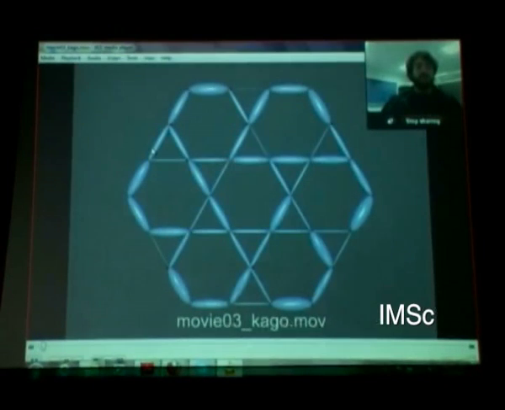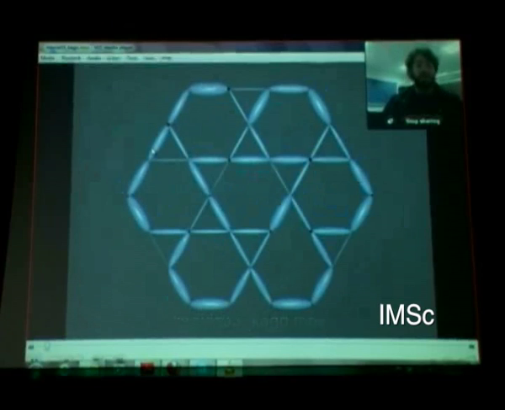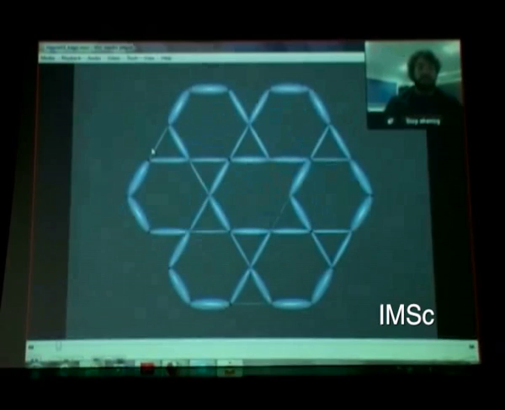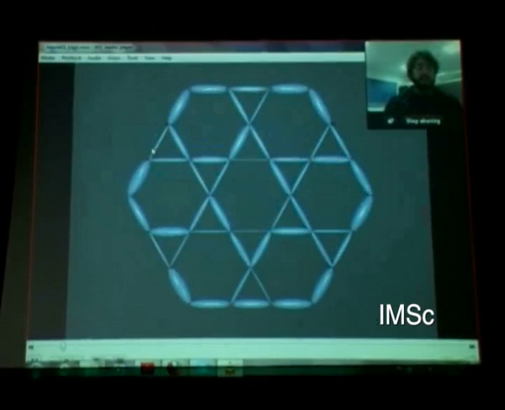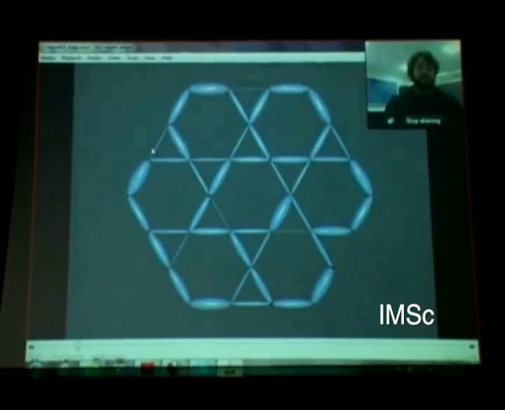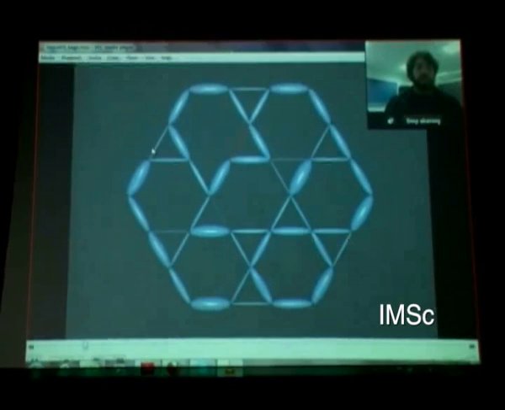Here, this is a beta of 20 for the J equals 1 nearest neighbor Kagome Heisenberg model. There are significant thermal fluctuations in the bonds, because this is at low temperature and you have frustration as well. So the weak bond denotes that there are no singlets across it. That's right, the S dot S value is higher on those.